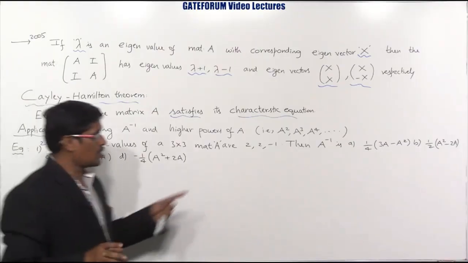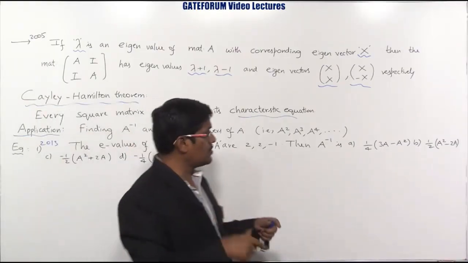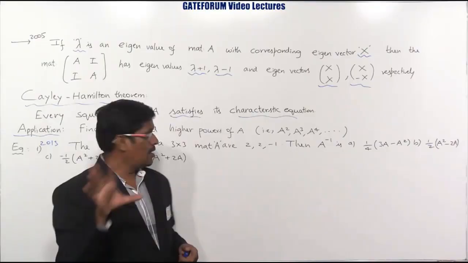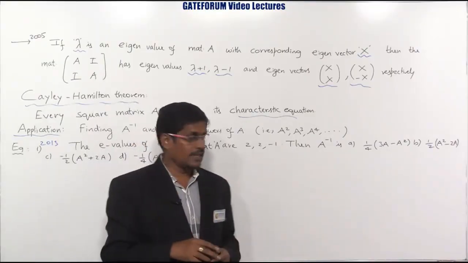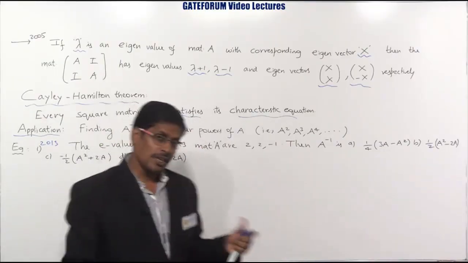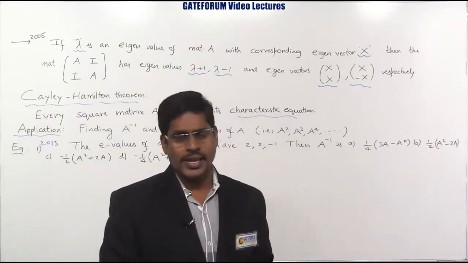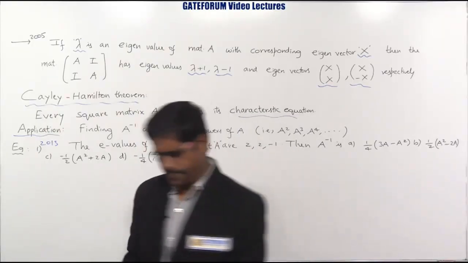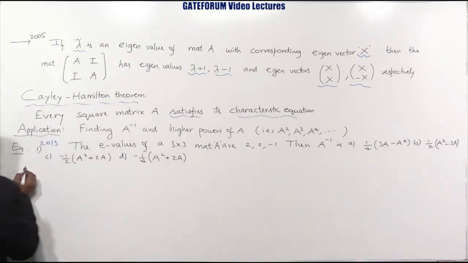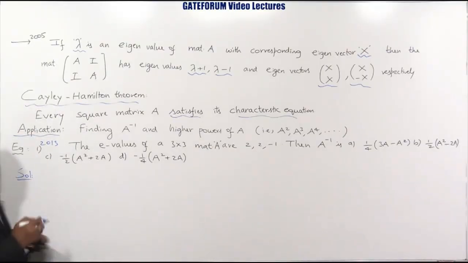Here the matrix is not given but the eigenvalues are. That's why we cannot directly find the 9 elements of A inverse. In that case, this is another application. If A is a 3 by 3 matrix, then we can find A inverse without finding adjoint A using this method also. Okay. Solution.